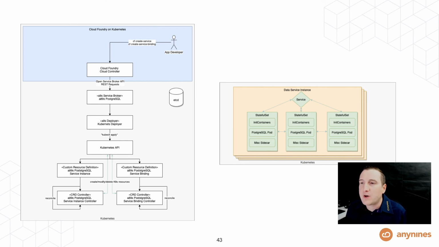The service broker, in our case, delegates to a deployment component that will then, for example, write BOSH manifests. Now in Kubernetes, you could instead write Kubernetes manifests, for example, to create a stateful set, to create config maps, and so on.